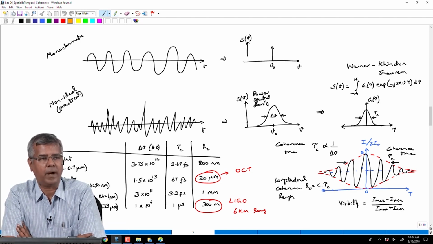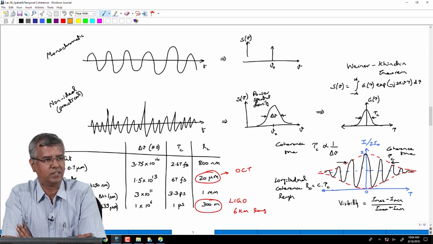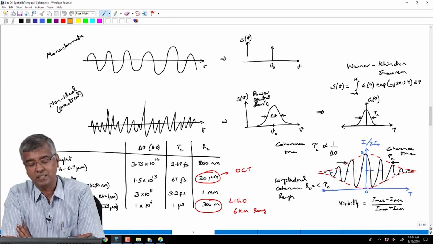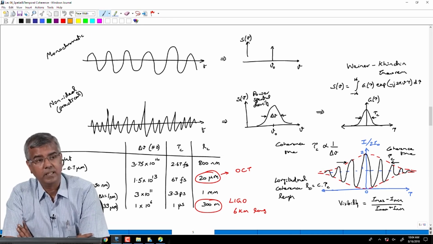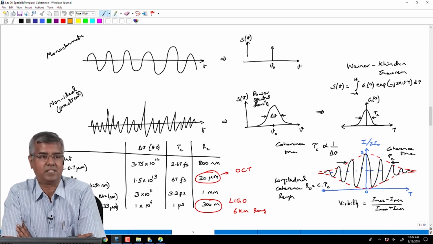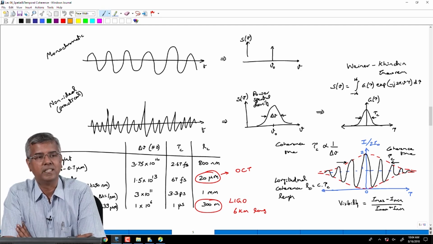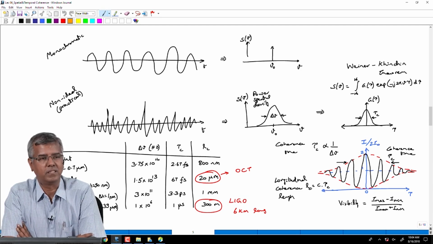That is to say, in practical light sources there is a certain level of randomness associated with the propagation of light, and a certain level of randomness associated with the generation of light itself. We will come back and look at that in the next few weeks, but as of now we are just characterizing light propagation.